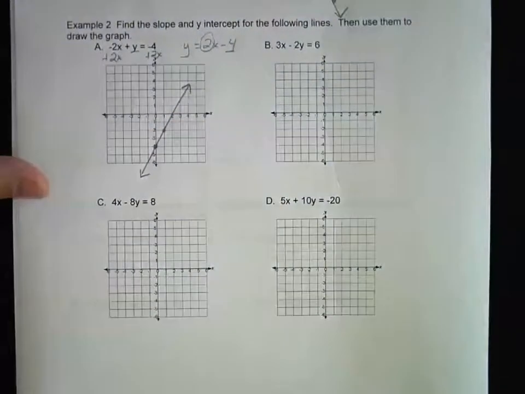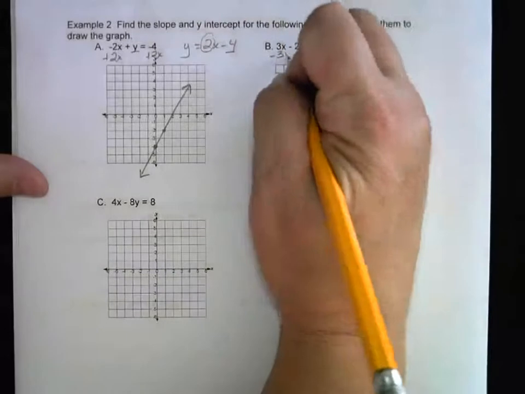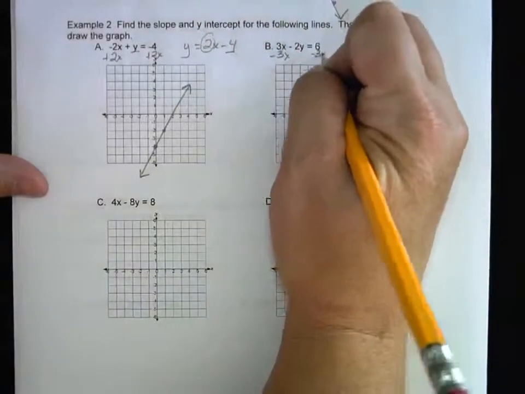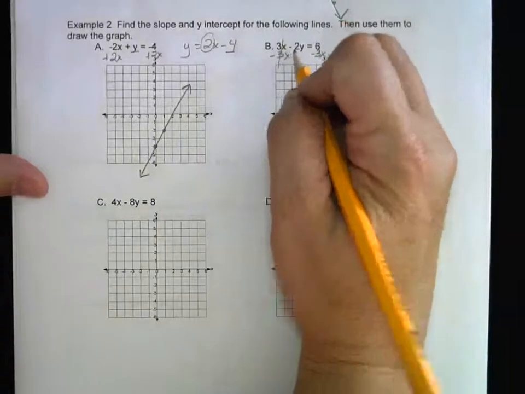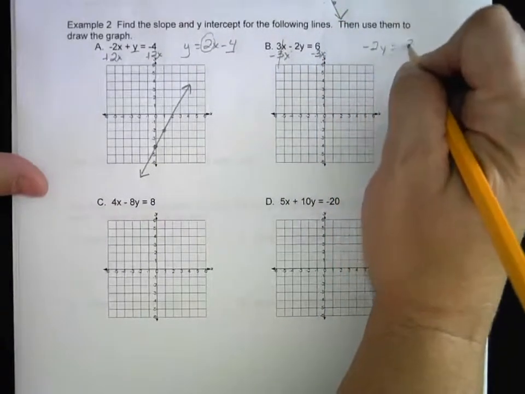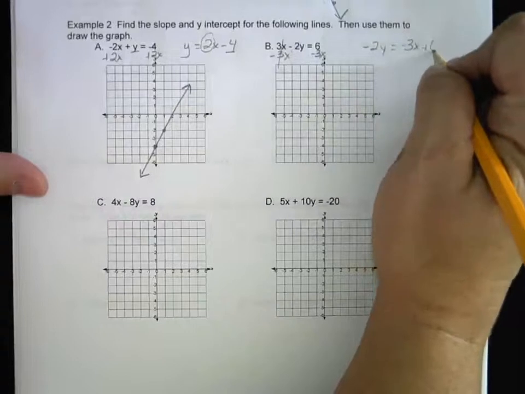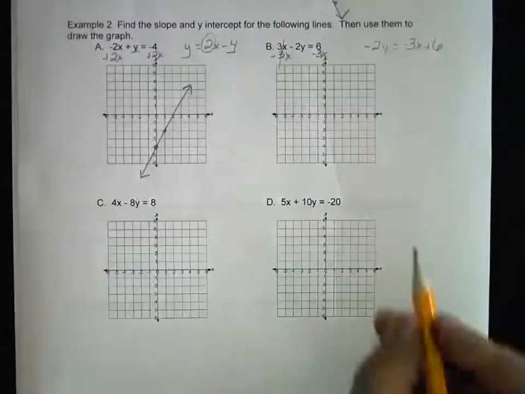Letter B, we're trying to get the y by itself. So you are subtracting 3x from both sides. And when you do that, be careful here, it becomes negative 2y equals negative 3x plus 6. Lots of negatives here, be careful with those.